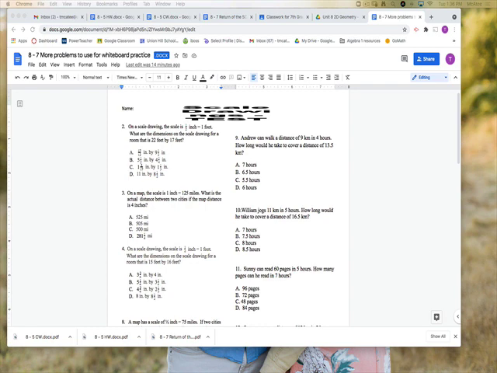Oh, I get an ugly fraction. Help me out. 1/2 times 17 is what? Okay. That's an ugly fraction. Simplify it for me, please.